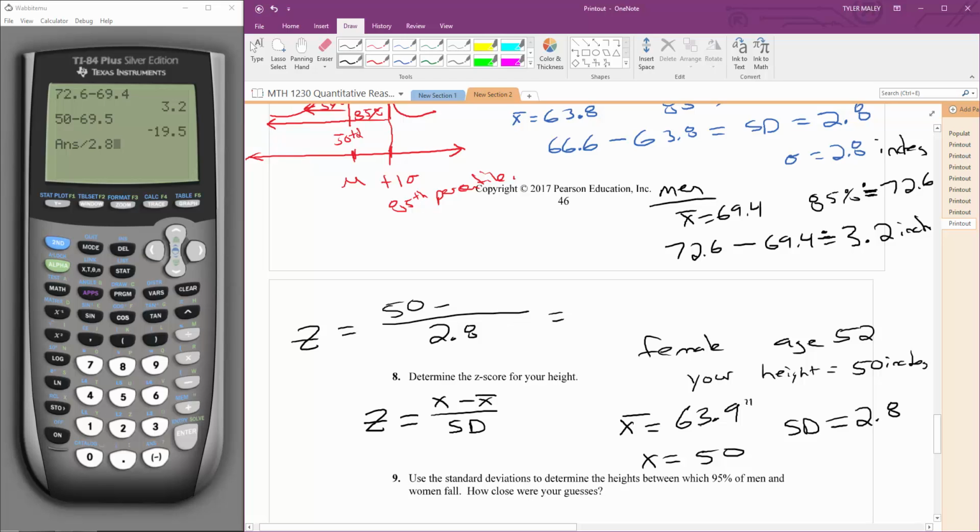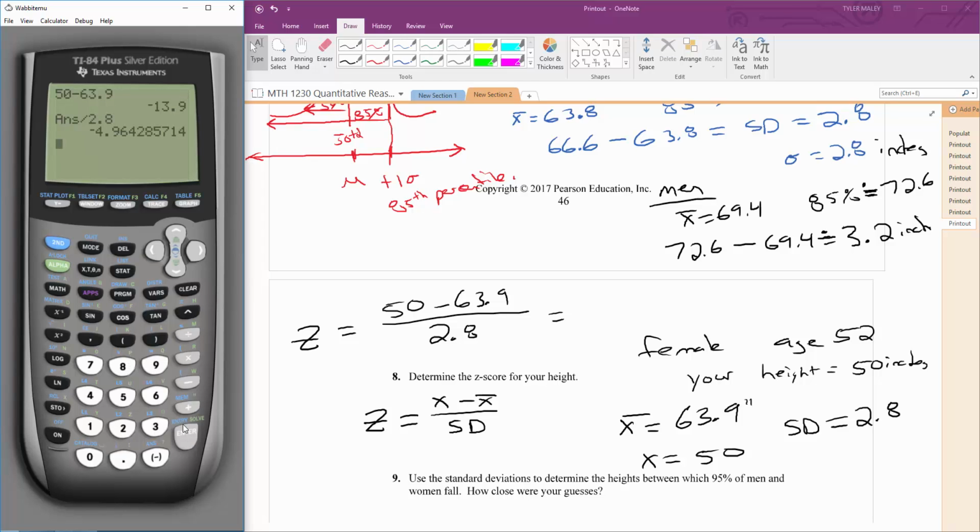For female, age 52, would be in between 50 to 59. So we'd have 50 minus 63.9, all divided by 2.8. So 50 minus 63.9 divided by 2.8.